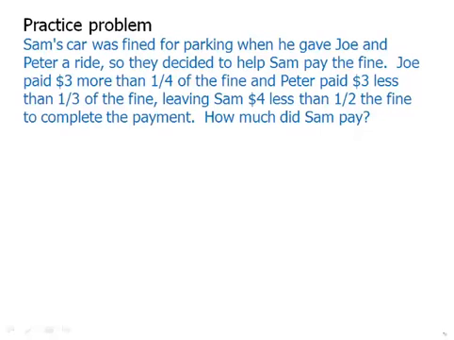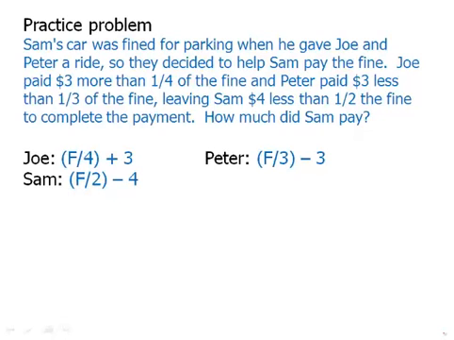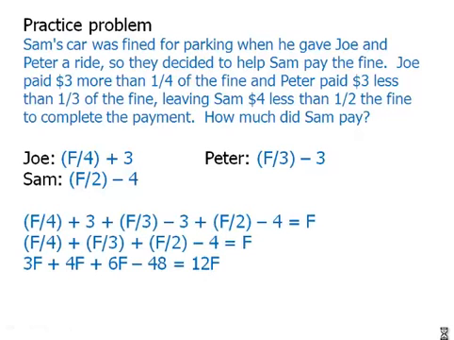Call it F for the fine. And then we can say right away that Joe's share was F divided by 4 plus 3. Peter's share is F divided by 3 minus 3. And Sam's share was F divided by 2 minus 4.